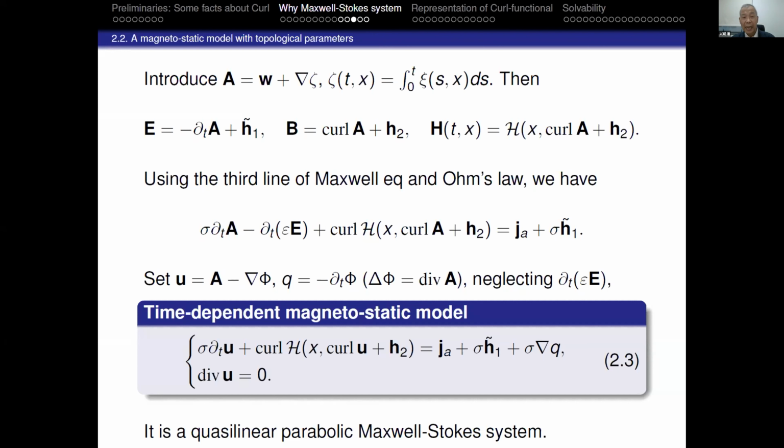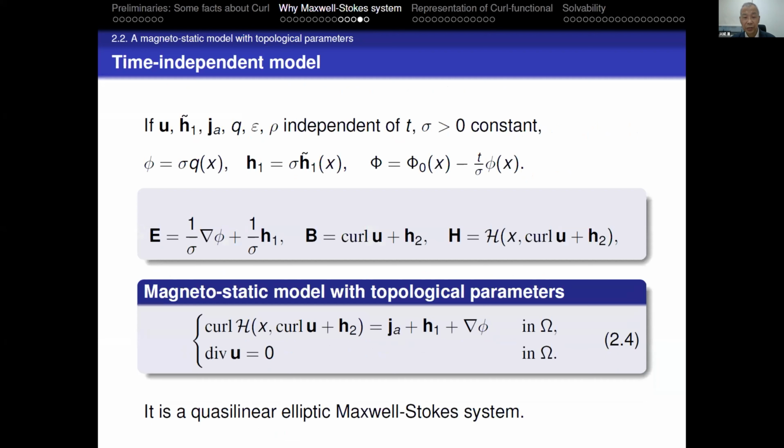And if everything is independent of time, then you have a simpler equation, Q of H of Q of U plus H2 plus G equal GA plus H1 plus gradient phi. So you do see the gradient field in the right side. And this gradient field actually is related to electric field.